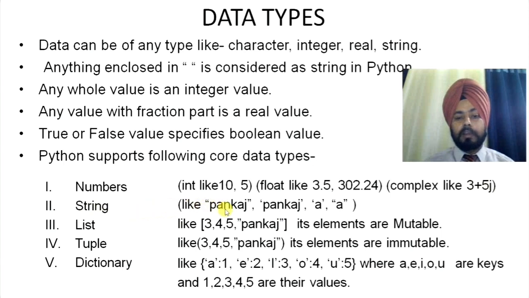Strings are like names of anything, like the name of a person or a place, for example Pankaj. Here is an example of a list. Its elements are mutable. In the next part we will also discuss mutable and immutable. Tuples: this is an example of a tuple, and it's immutable. Dictionary has two types of values, keys and values.